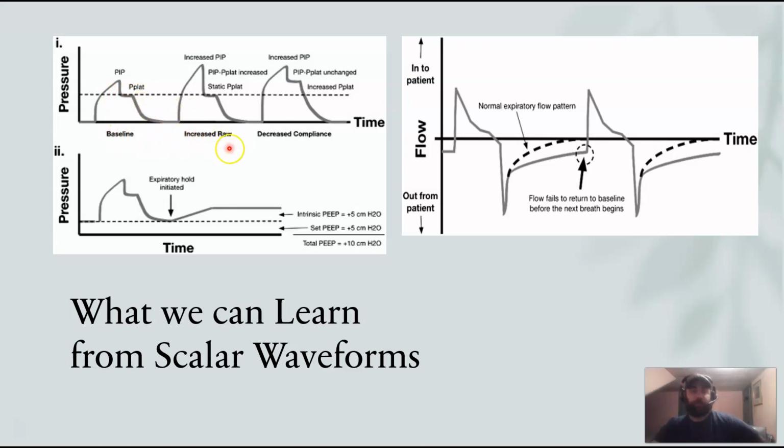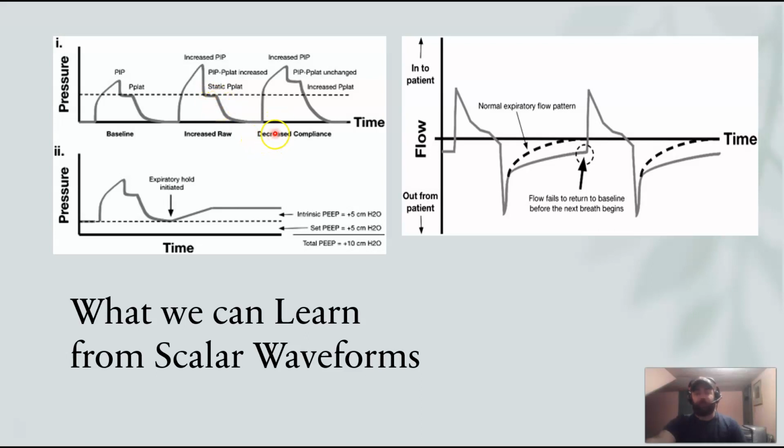So in the instance of increased airway resistance, you're going to see that PIP really shoot up, and it's going to be significantly higher. Your PIP minus your plateau is going to be increased. And then your plateau, for your static compliance, is going to be pretty much the same here.